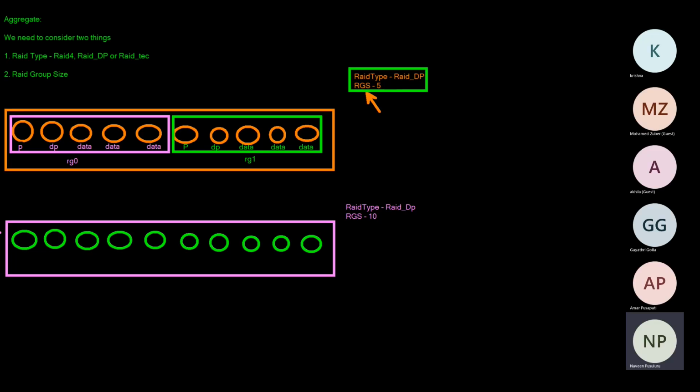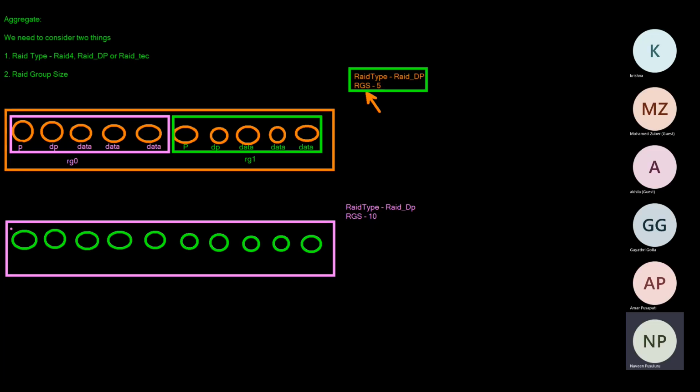Create an aggregate, and this time ONTAP has no need to create multiple write groups, because we are creating the aggregate with only 10 disks, and our write group size is also 10.